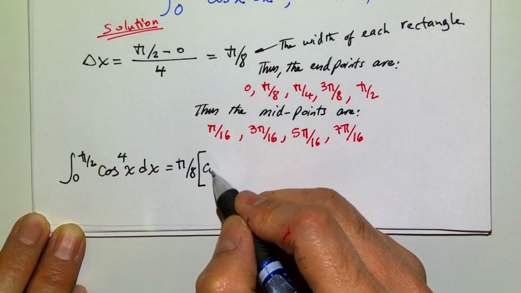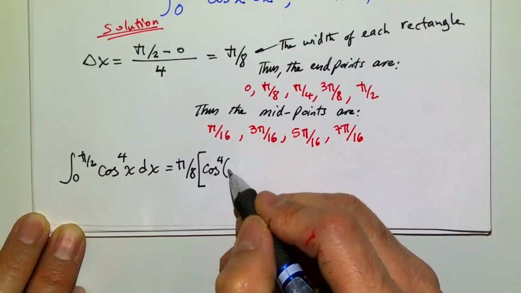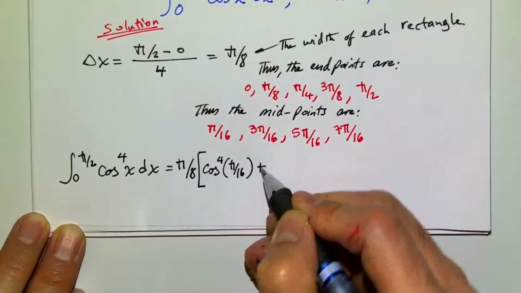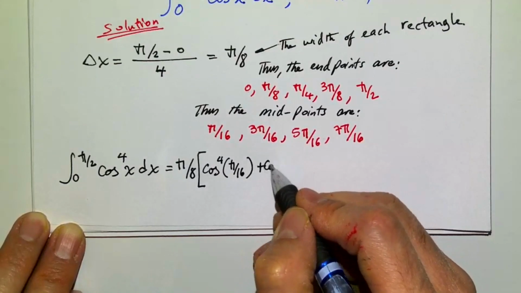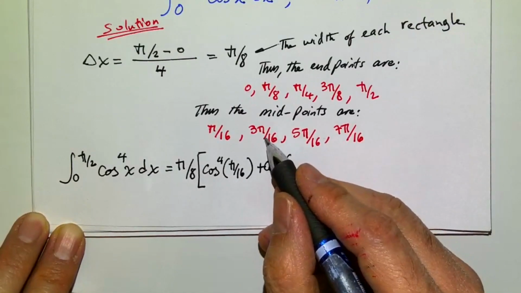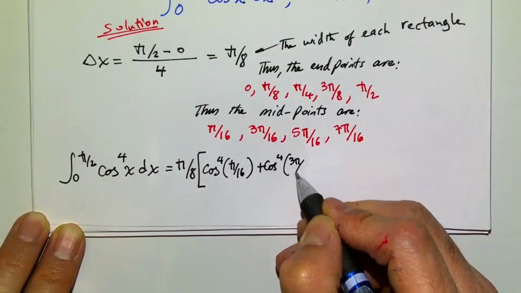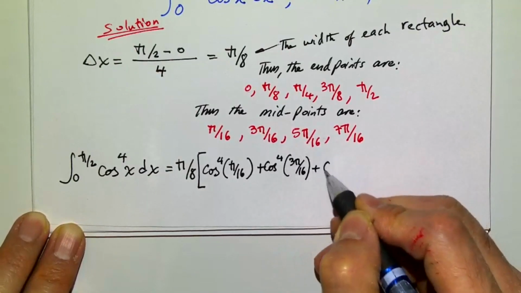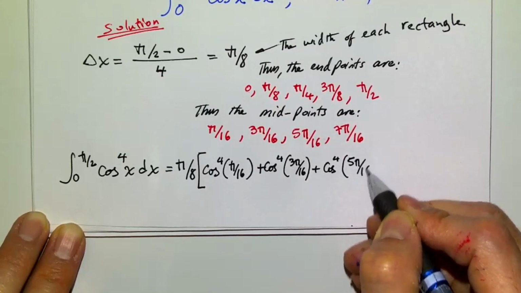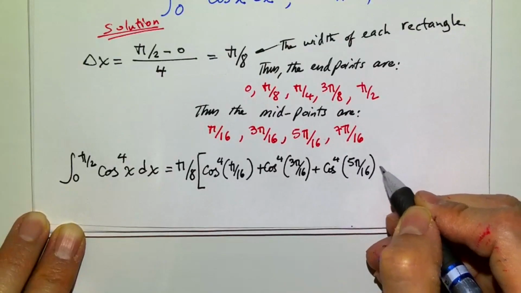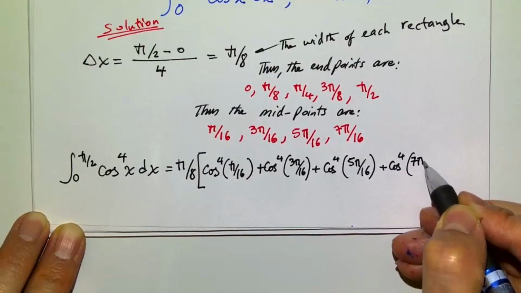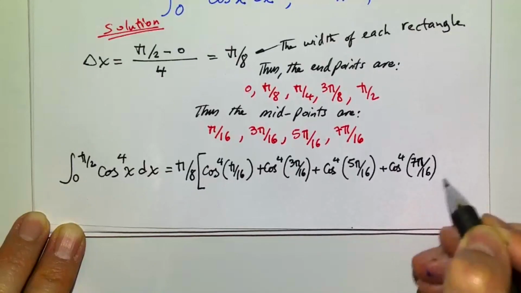So cosine to the 4th power of pi over 16, plus cosine to the 4th power of 3 pi over 16, plus cosine to the 4th power of 5 pi over 16, plus cosine to the 4th power of 7 pi over 16.